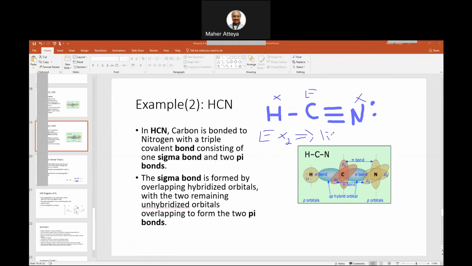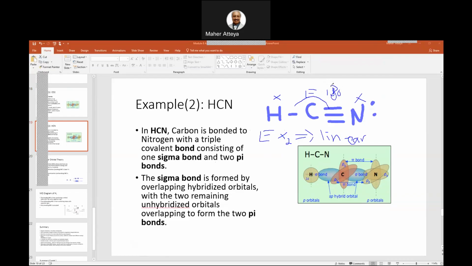That's correct. So now, because it is linear, sorry about this, I'm writing with the mouse. The angle here between carbon and nitrogen is how much? 180 degrees. So what will be the hybridization on carbon, our central atom?